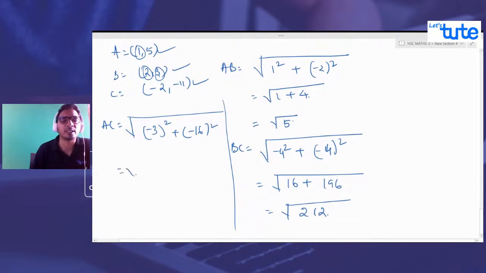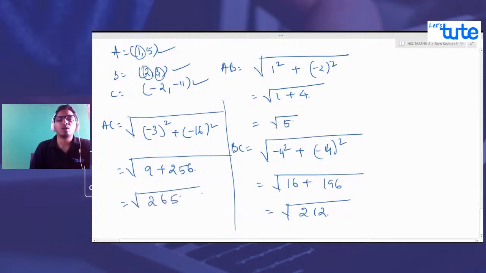So what we are going to get is 9 plus, what is 16 squared? 16 squared is 256, correct? It should be 256, right? Yeah, 256. Correct. So what you're going to get is 265. Okay, so looking at the numbers, every number is in the root, so we can easily find out which one is bigger.